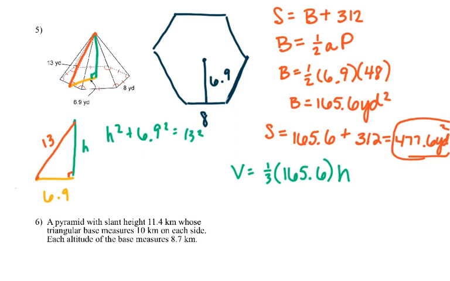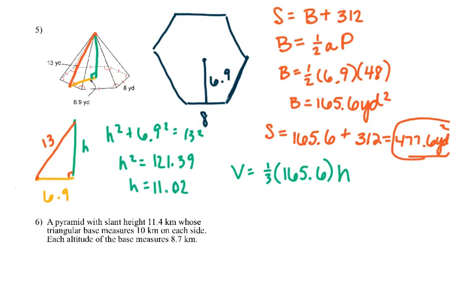And we've got, let's see here. H squared was equal to 121.39, so H is about 11.02.